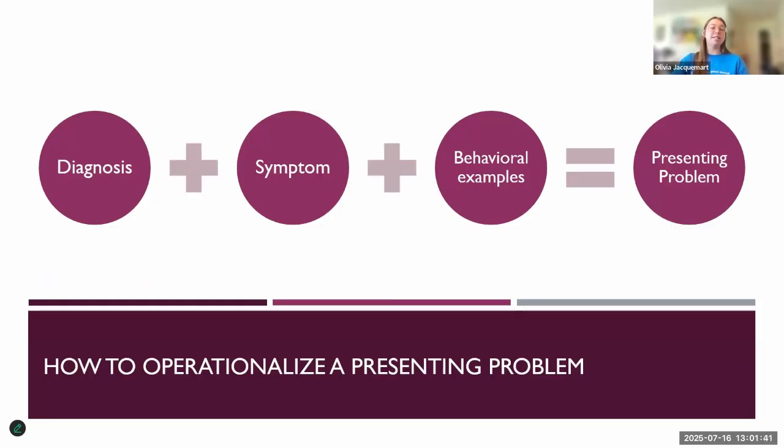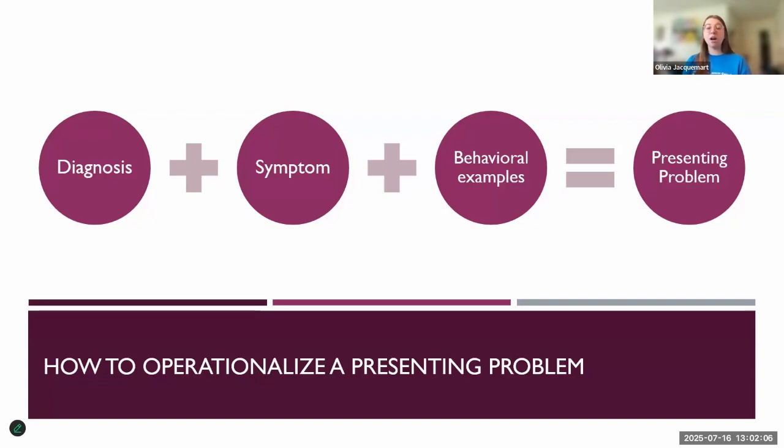And this then equals the presenting problem. So for an example, the diagnosis could be major depressive disorder. The symptoms or diagnostic criteria could be things like disordered sleep, any kind of somatic symptoms, irritability, trouble focusing, as well as what the level of impact may be. So what's the frequency, what's the duration, what's the intensity of those symptoms.